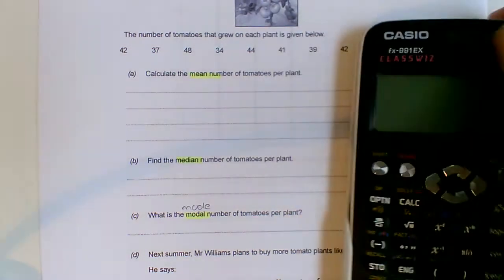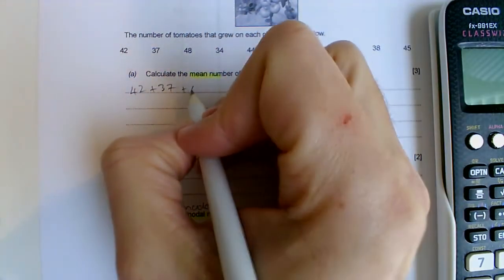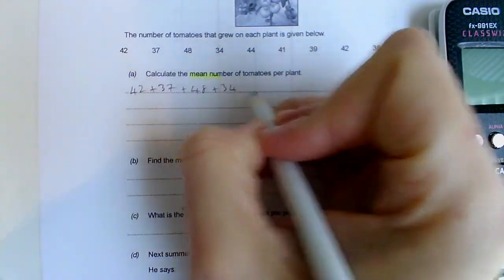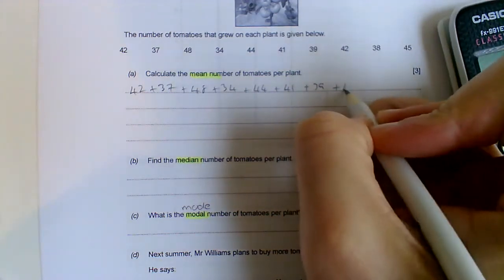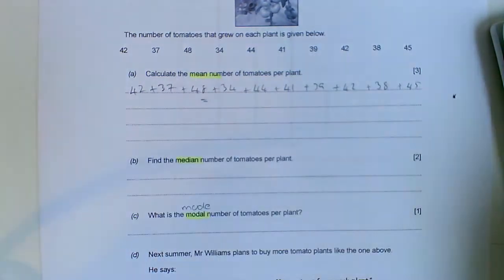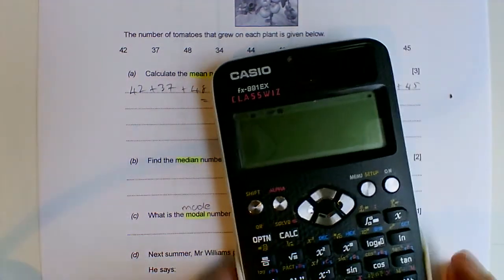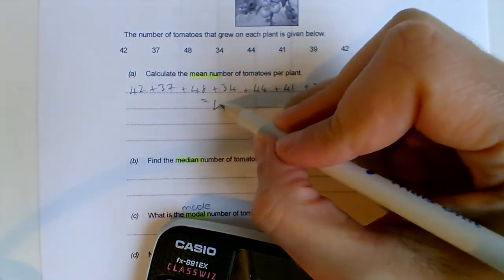So on part A, you should be adding all these things together. So 42, add 37, add 48, add 34, add 44, 41, add 39, add 42, add 38, add 45, equals, put them onto my calculator now, 42 plus 37 plus 48 plus 34 plus 44 plus 41 plus 39 plus 42 plus 38 plus 45 equals 410.